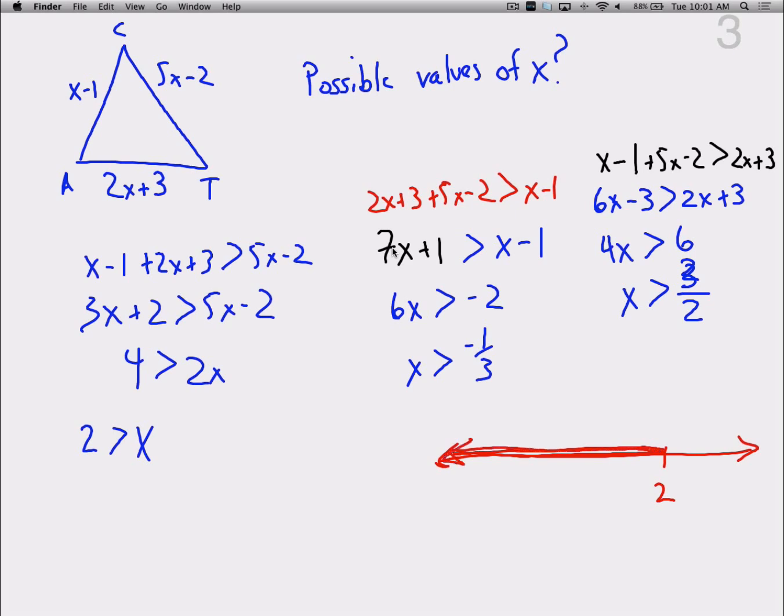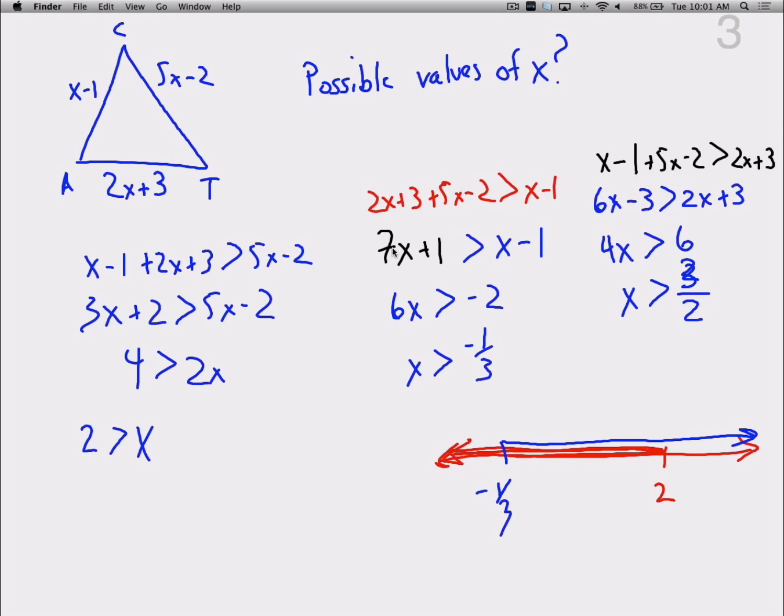Changing colors. I want x to be greater than negative 1/3. Here's negative 1/3. I want it to be greater than negative 1/3. And then lastly, changing colors.